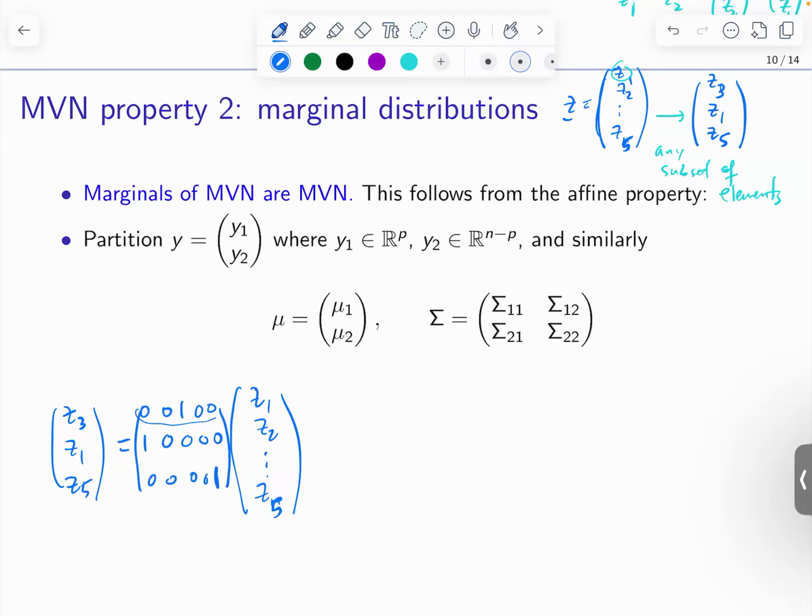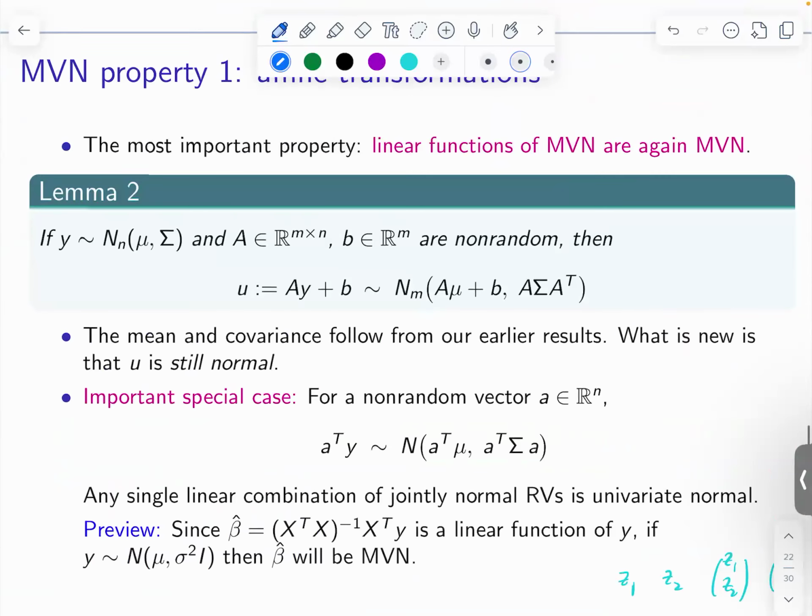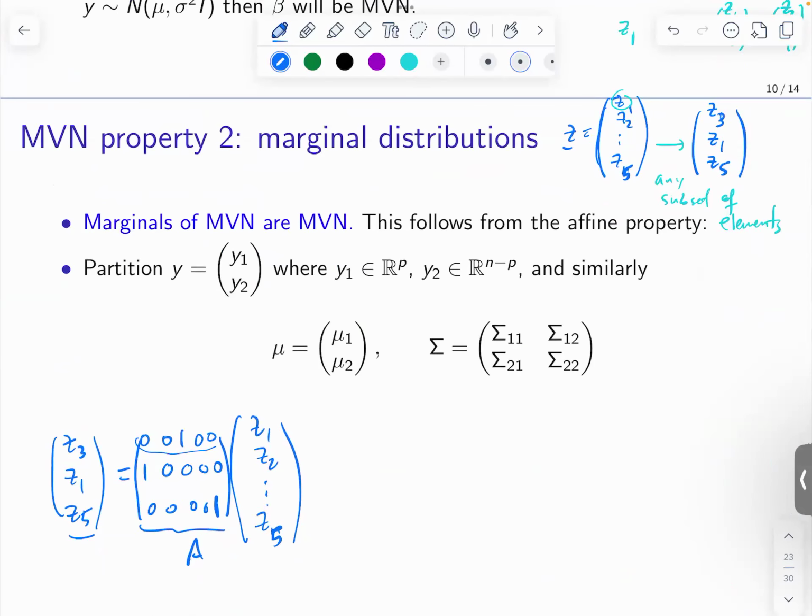So you can see that with this simple matrix, if I multiply by this guy, I get this. And so this falls within this general framework. I've written a new vector, let's say called u over z, as a times y, and b here is 0. So then the result would be a multivariate Gaussian vector.